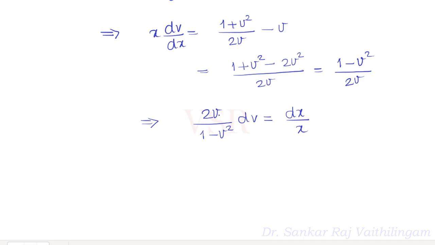So I take a minus outside. So this implies minus of log of 1 minus v square is equal to log x plus log c.